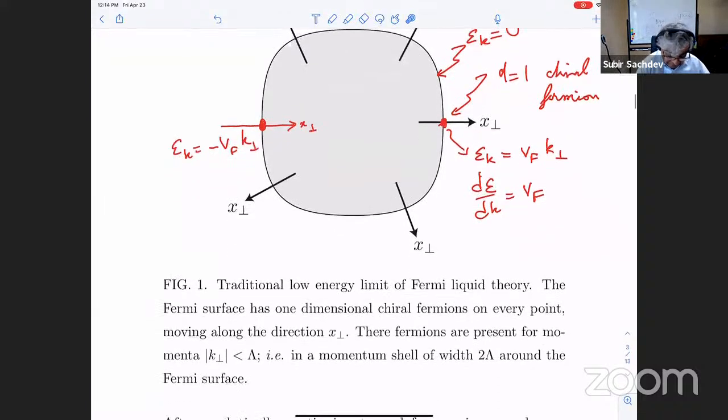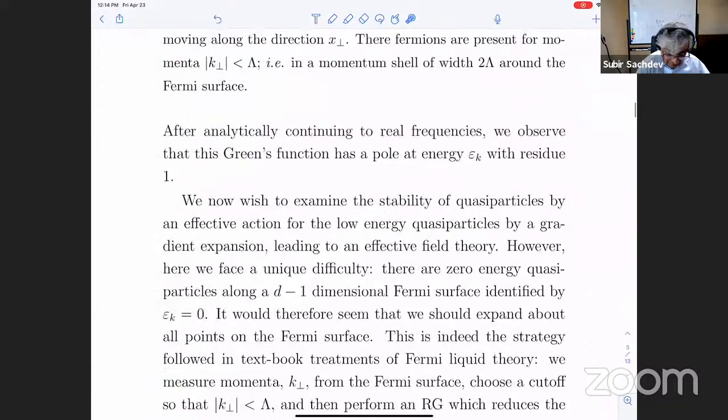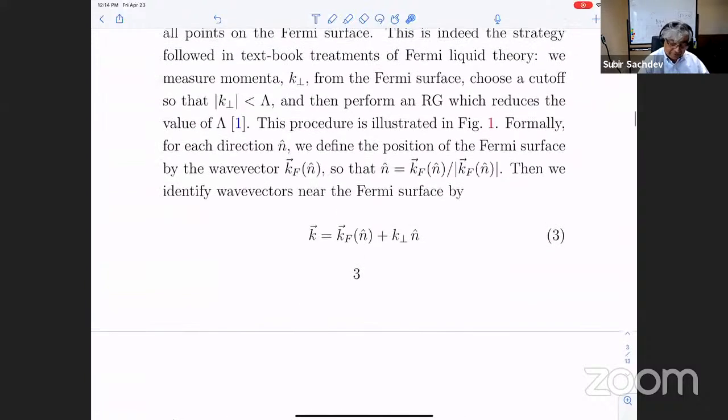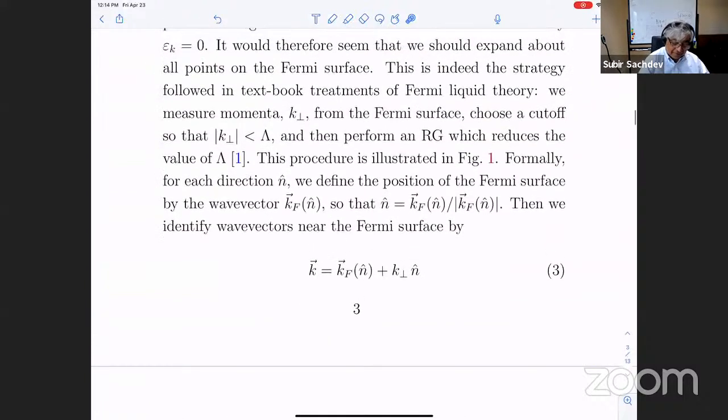Okay, so how would we implement this in words if I just want a low energy theory for the Fermi surface? For each direction n hat, I can be in any direction. In 2D, this would just be an angle, theta. But in 3D, this is some direction pointing to a point on the sphere. I'm not assuming the Fermi surface is spherical.